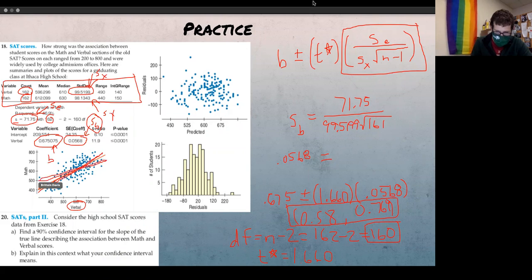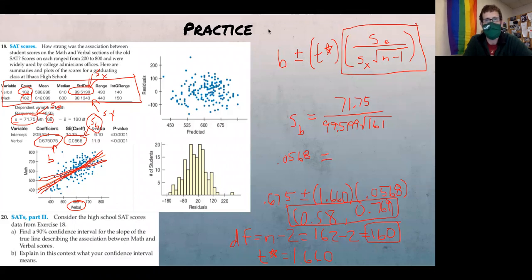So there's this range of possible values for the slope, and we don't know what it is, but we are 90% confident that for every point that someone scores in verbal, they're going to get somewhere between 0.58 and 0.769 points in math. Predicted. So again, a good point to pause and ask if there are any questions. Okay, no questions are forthcoming right now.